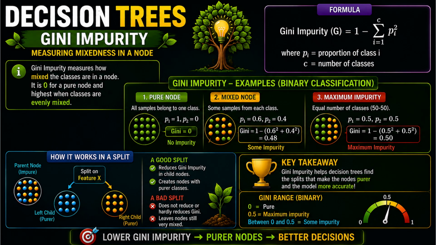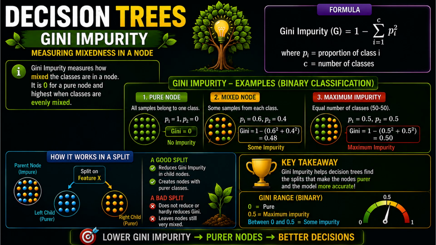There is no impurity. Mixed means, say, Pi is 0.6 and 0.4. So the Gini impurity is 1 minus 0.6 squared plus 0.4 squared, which is 0.48. So there is some impurity. And with an equal number of classes, you get maximum impurity.